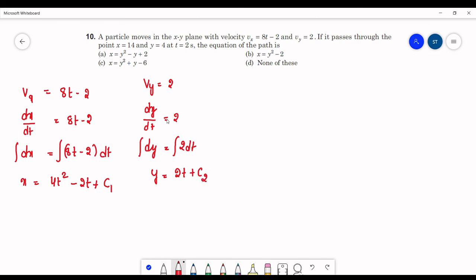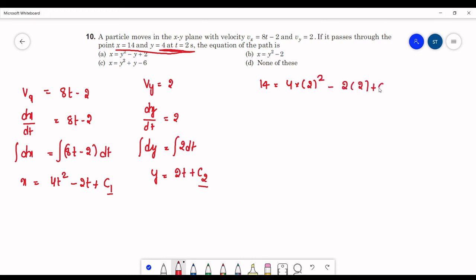Here it is given that the point is passing through (14, 4) at t equals 2 seconds. I will use this given information to find the constants c1 and c2. So at t equals 2, the x coordinate is 14. Let us substitute that value here. X equals 14 at t equals 2, so 14 equals 4t square minus 2 into 2 plus c1.